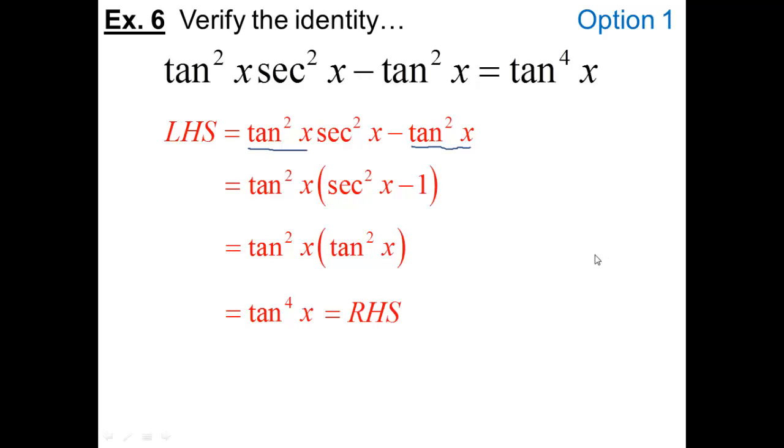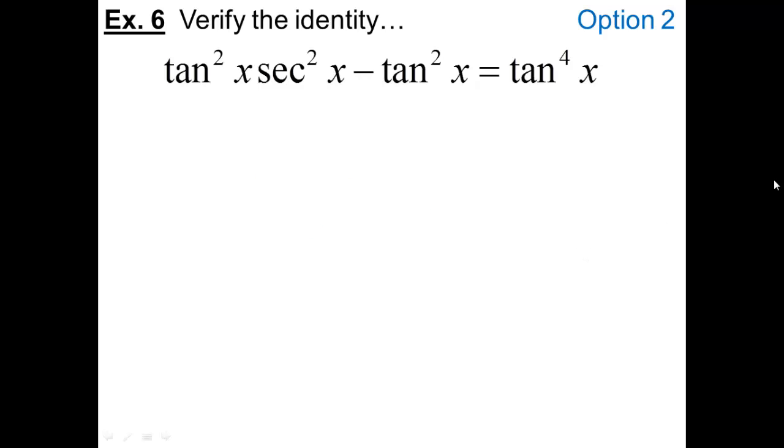Let's try something else. Option 2. On this one, I'm not yet going to convert to sines and cosines. I'm going to show you another option that instead of factoring applies kind of the same steps but in a different order. Instead of factoring and then applying a Pythagorean identity, I'm going to apply the Pythagorean identity first and then multiply through.